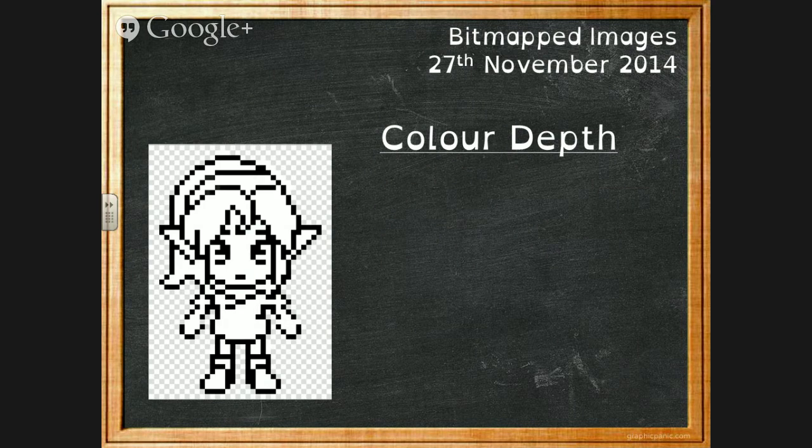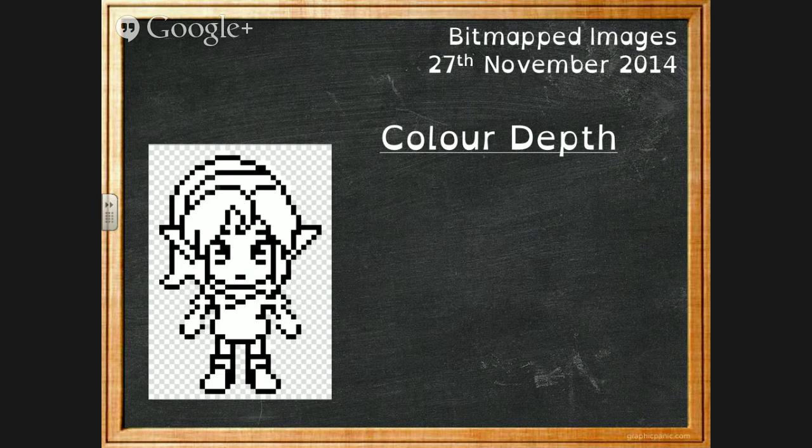Okay, this is where everybody went cross-eyed. In order to look at a bitmap image, you need to understand that it has width in terms of the number of pixels, it has height, but it also has depth. We have a volume to our bitmap images, and that is to do with the number of colors that we can show.